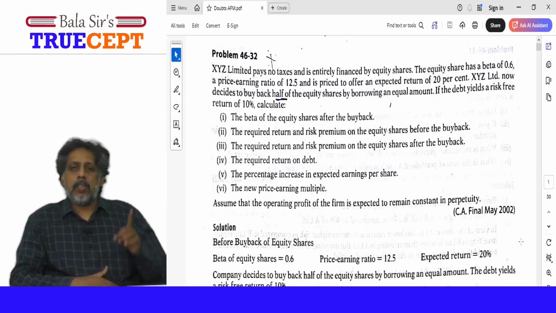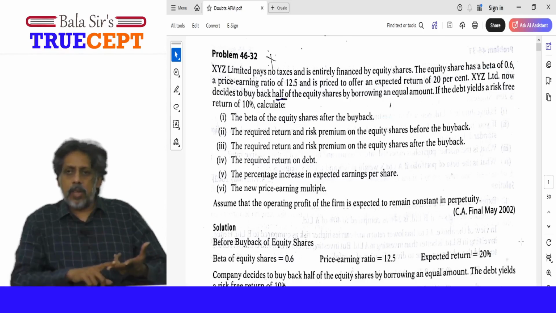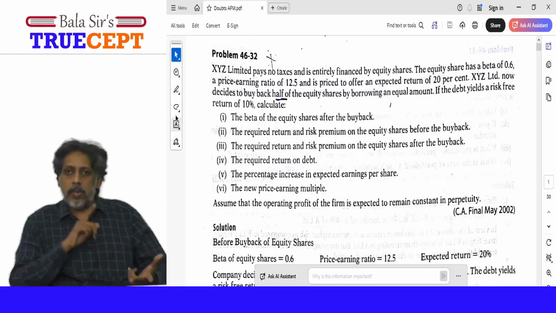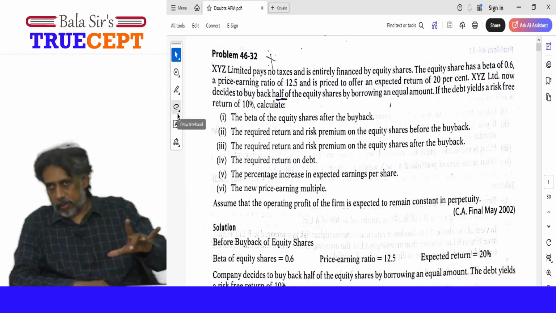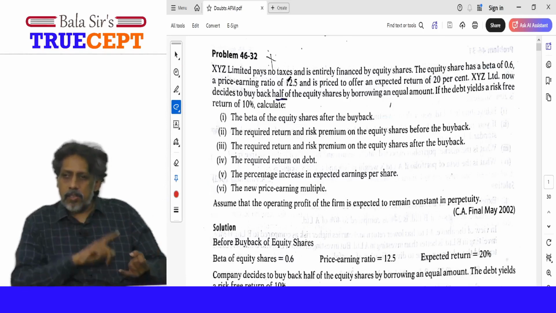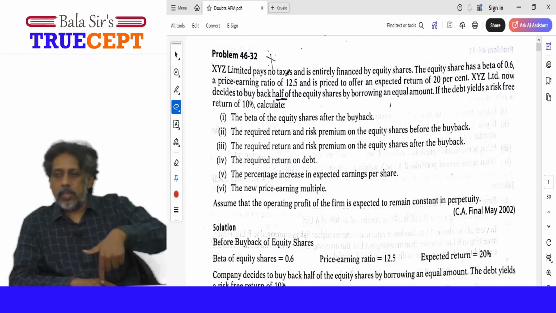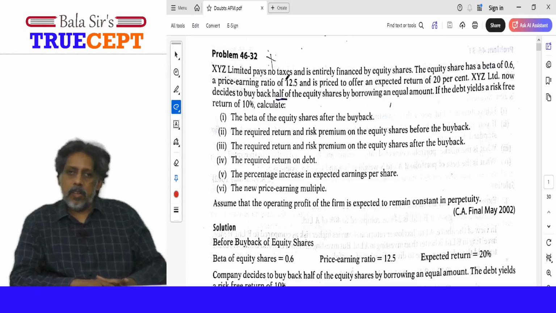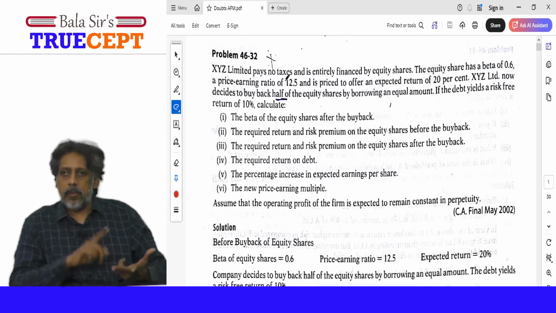So here there is a small mistake in the question. It is given that the asset, that is equity beta, is 0.6. Because the firm is all equity financed, the risk related to the assets employed will also be the risk of equity, that is beta equity.